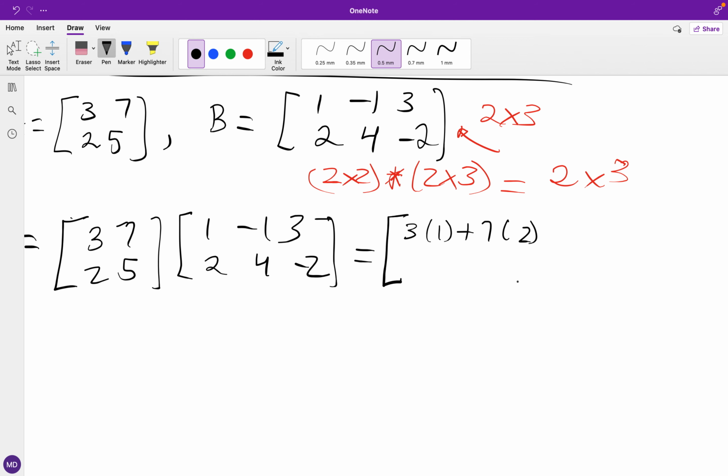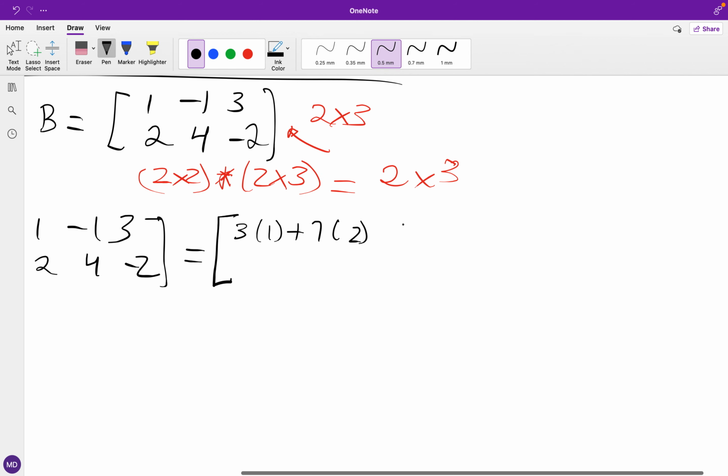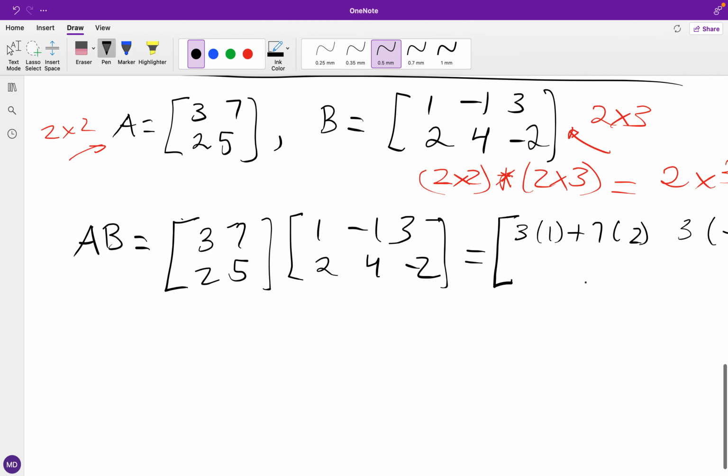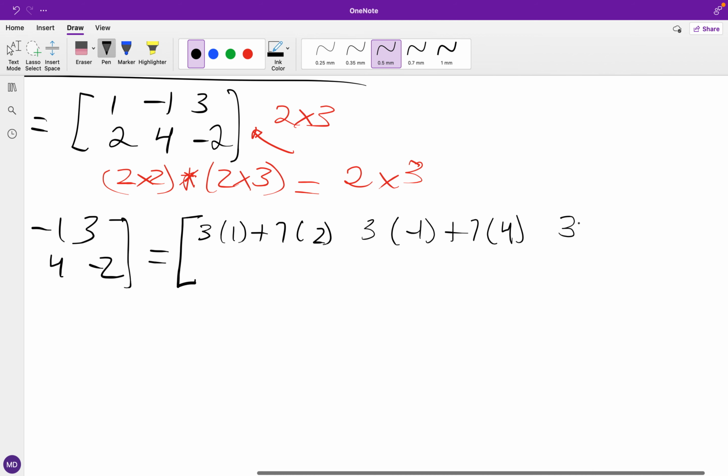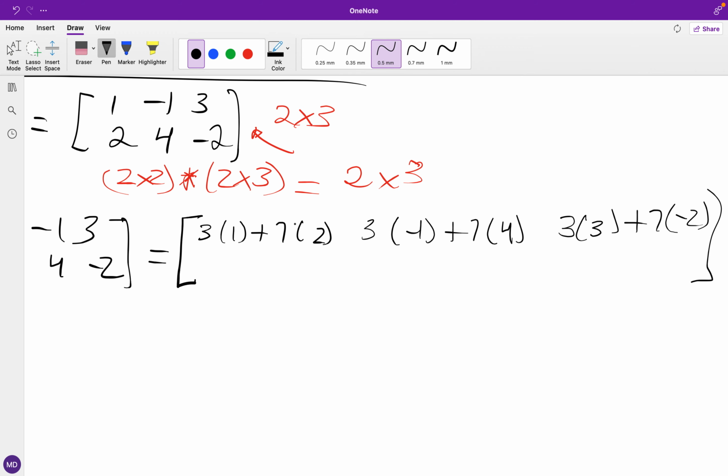So that would give us 3 times negative 1 plus 7 times 4. And then for the first row, third column, you take 3, 7 dot product with 3, negative 2. And so you get 3 times 3 plus 7 times negative 2. So that's the first, second, and third entries in the first row.